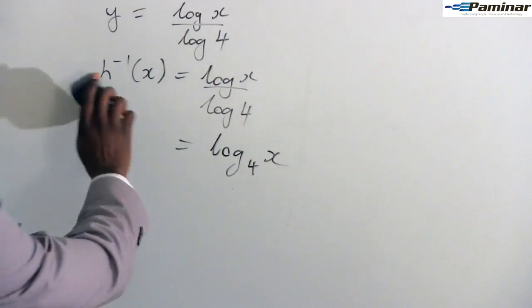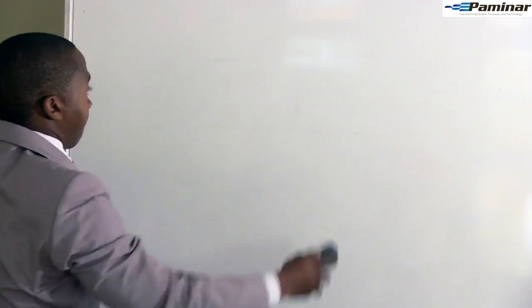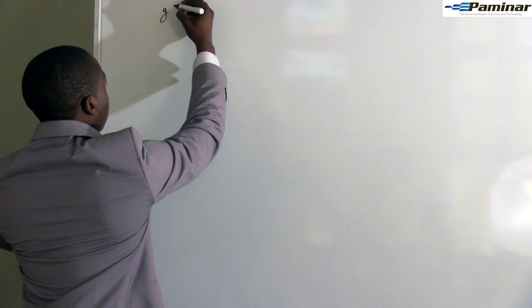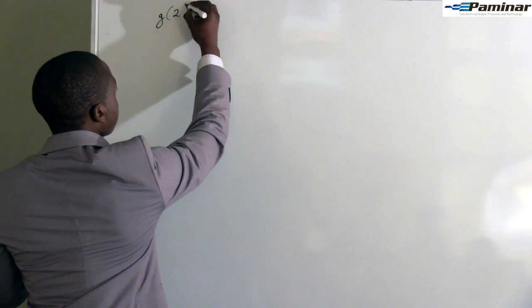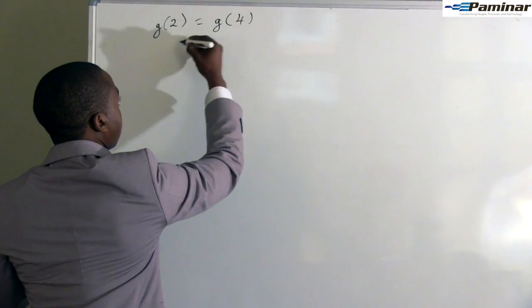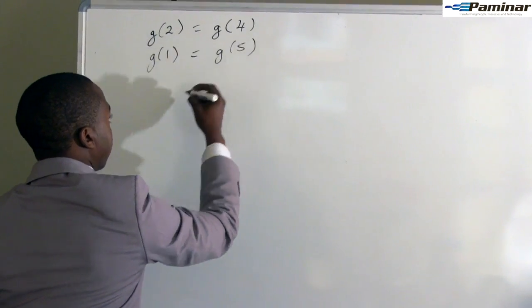So what I mean by that, just go back to the question. We're saying g of 2 should equal g of 4 and g of 1 should equal g of 5.